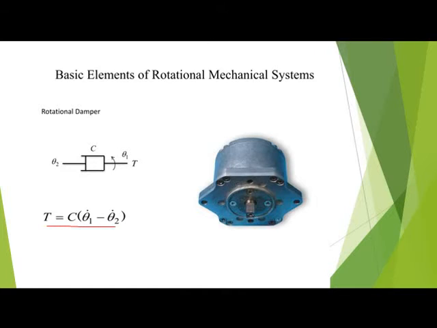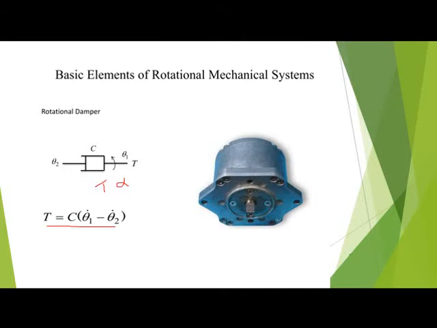Therefore T is equal to either C or F also we can write, where C is the coefficient of friction, times theta dot 1 minus theta dot 2, because of the difference of theta dot 1 and theta dot 2, which is directly proportional to velocity.